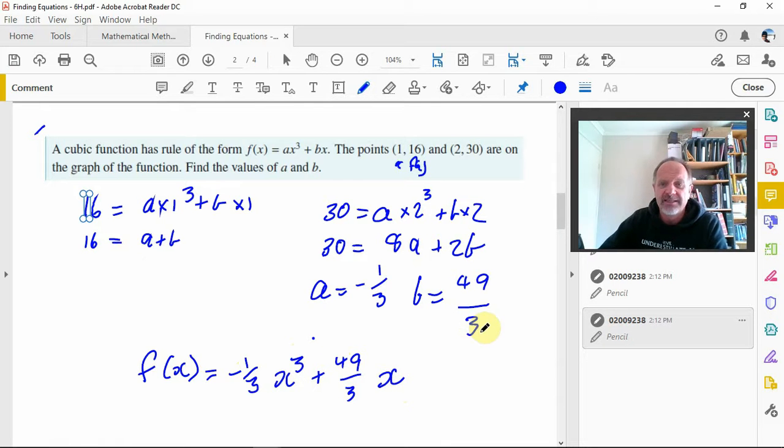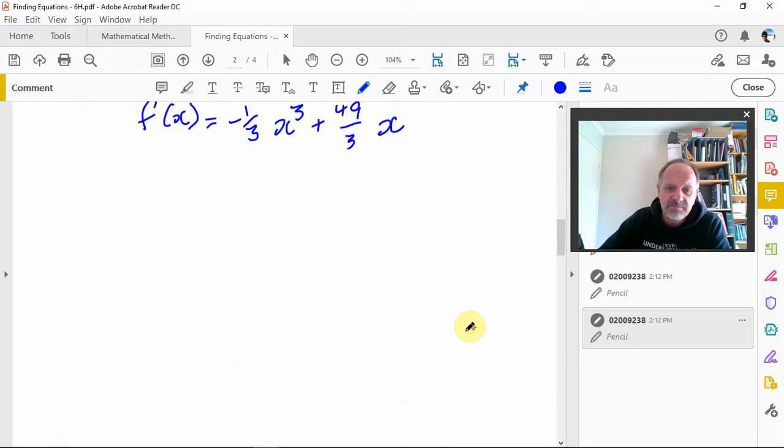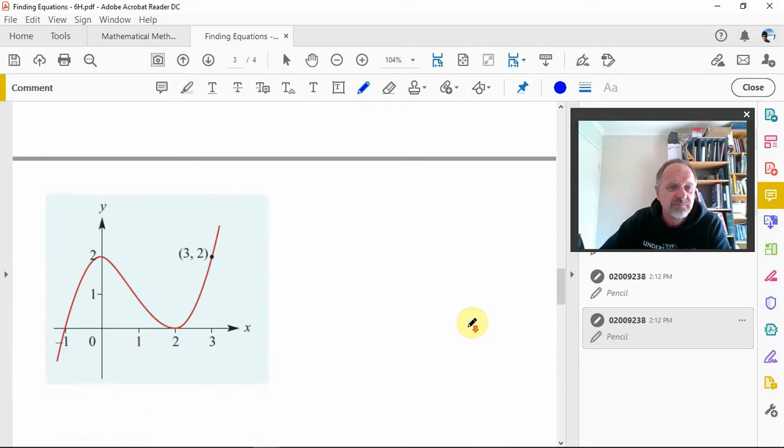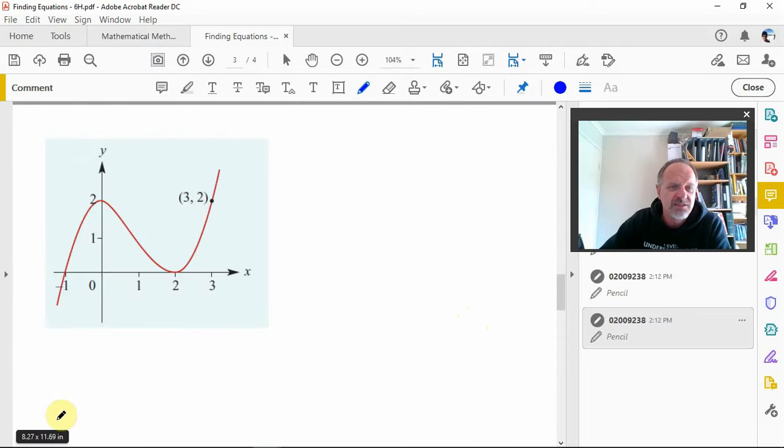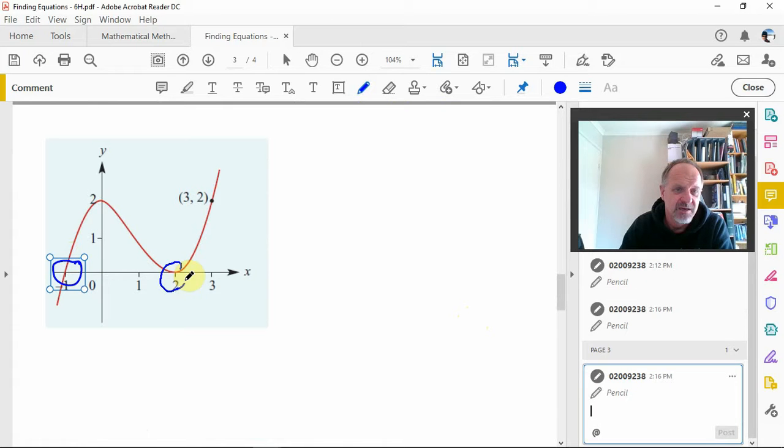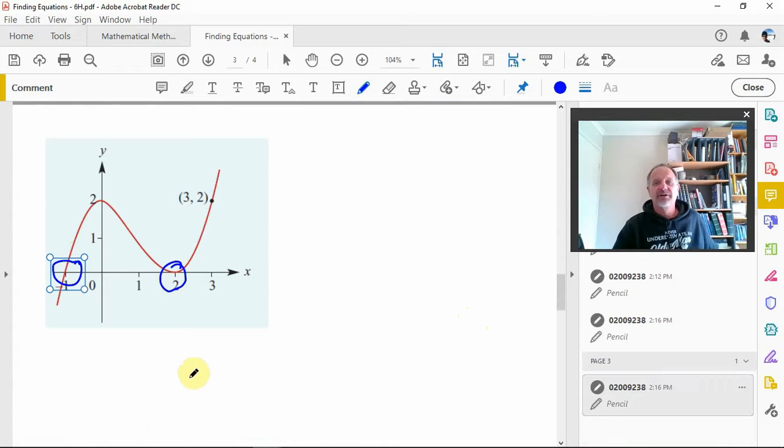All right, that's that. Now, sometimes we might be given a graph like this one. With this graph, we've got some information. We can read off the graph and find some intercepts, and these are going to be really handy.